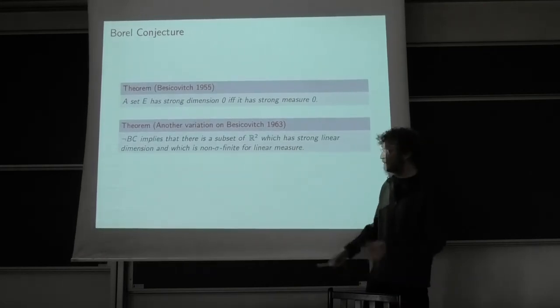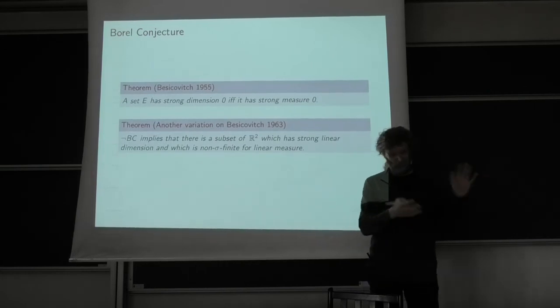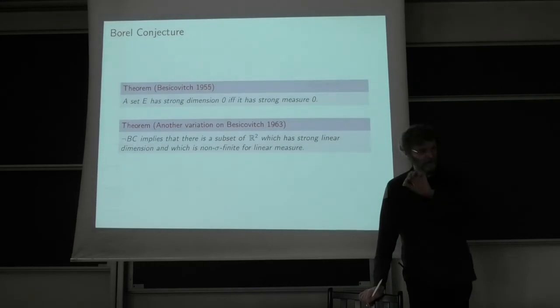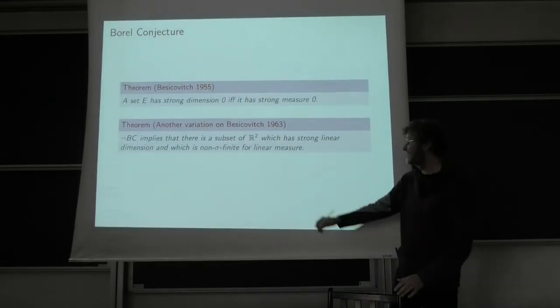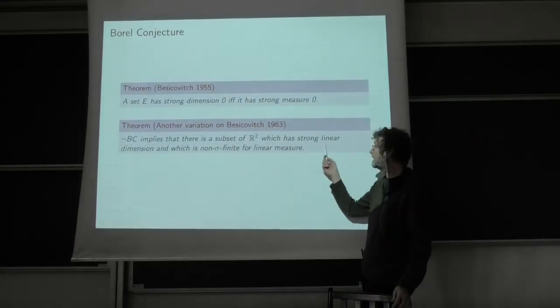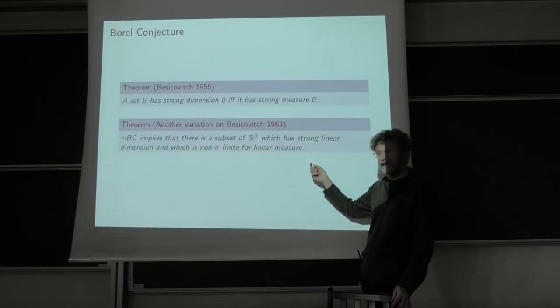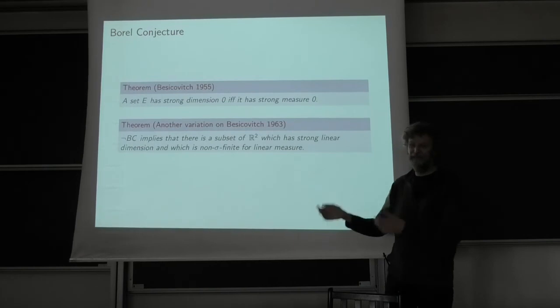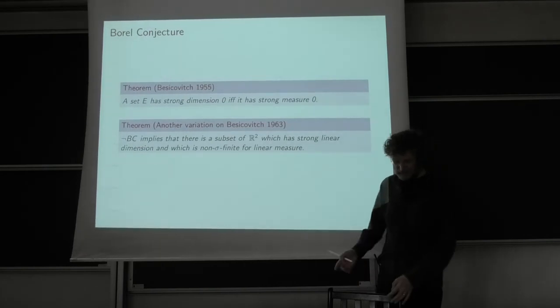So if there is a set that's uncountable but super small for Lebesgue measure, then there is a set which is super big for linear measure, and it has linear gauge dimension.